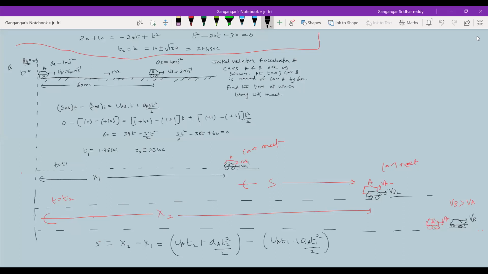Okay, fine. So what is the test? Separation between two points where the cars will meet.